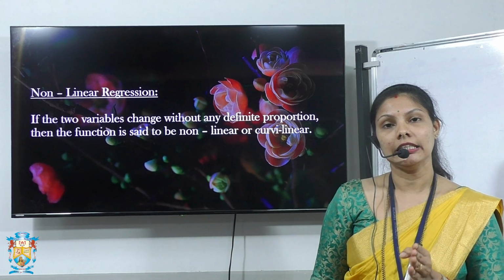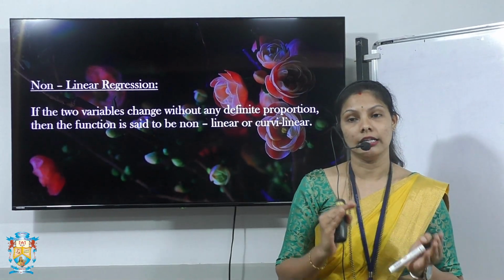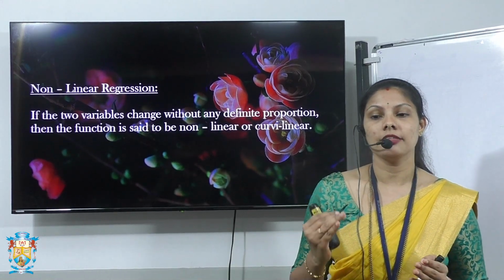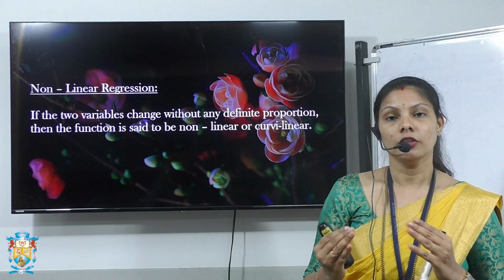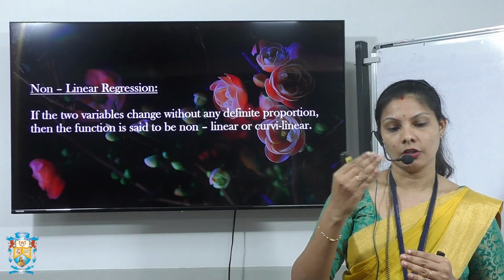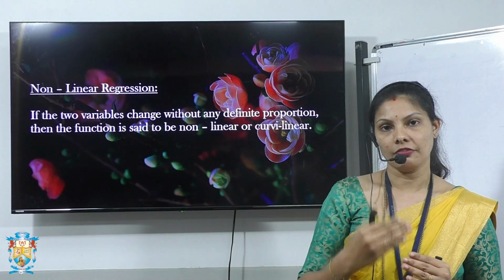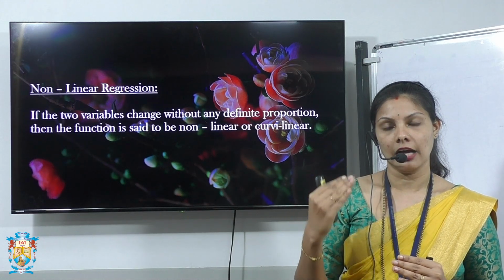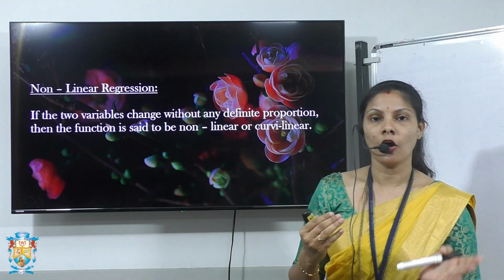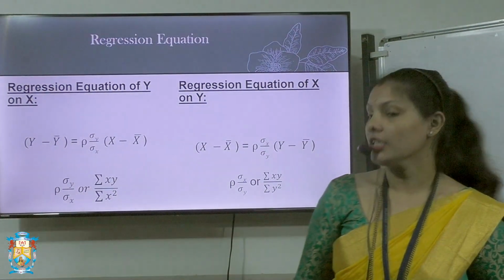Non-linear regression means the two variables change without a definite proportion, and then the function is said to be non-linear. There you get a curve, like a parabola or a half-circle shape. If you get such a graph, we say that it is a non-linear or curvilinear regression.